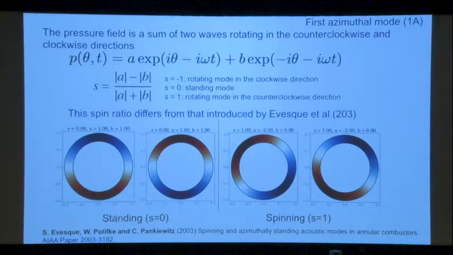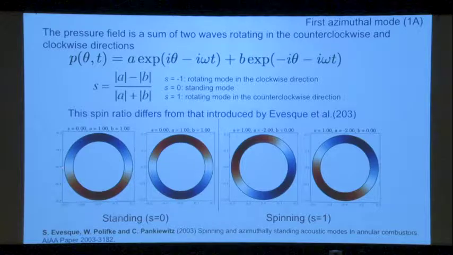If A is equal to B, then S is equal to 0, and this is a standing mode. You get a cosine or a sine of theta minus omega t, so these are standing modes.